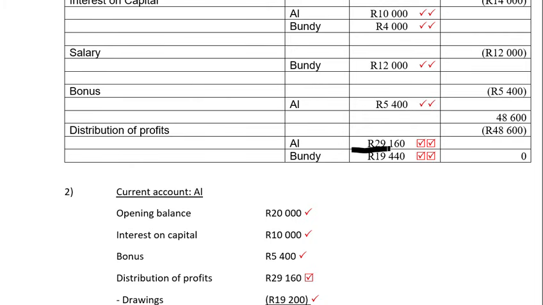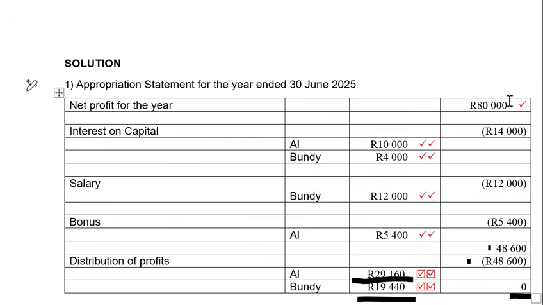There it is, 29,160. And Bundy got 2/5 of 48,600, which is 19,440.